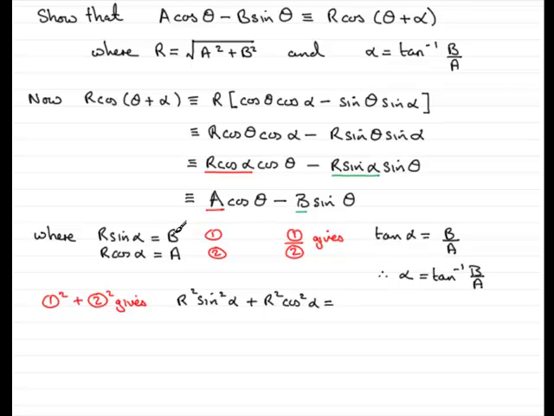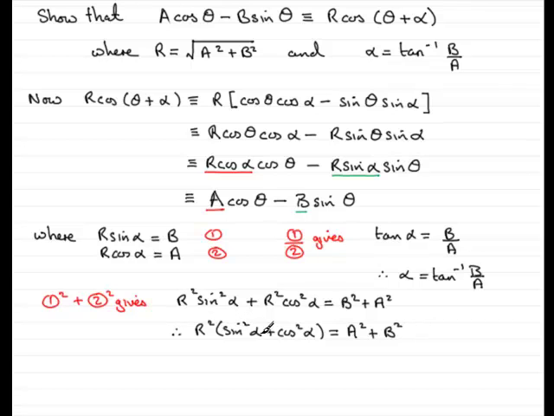So that's r squared sine squared alpha plus r squared cos squared alpha equals b squared plus a squared. Now if I pull r squared out as a common factor, we've got r squared multiplied by sine squared alpha plus cos squared alpha equals a squared plus b squared. Same thing, but it looks nicer that way round.